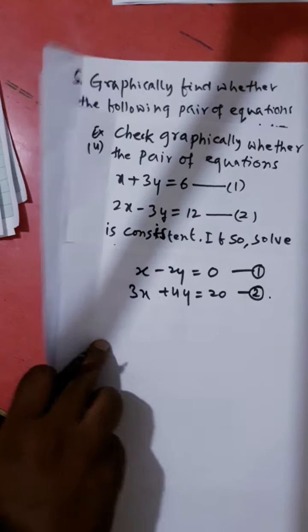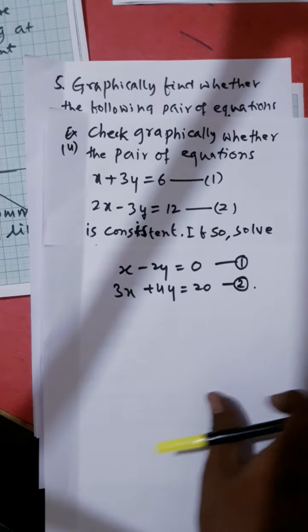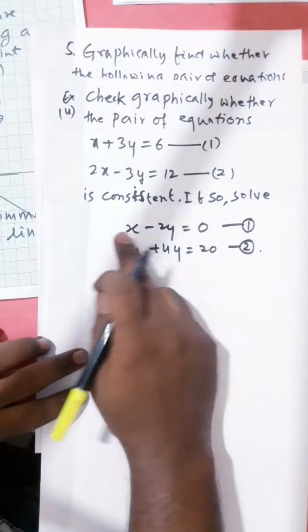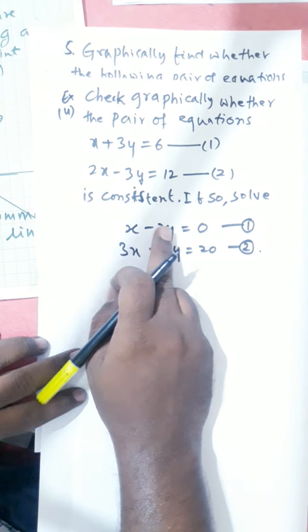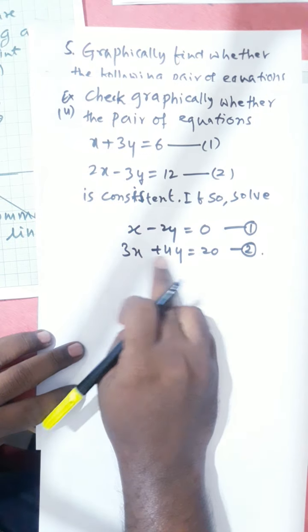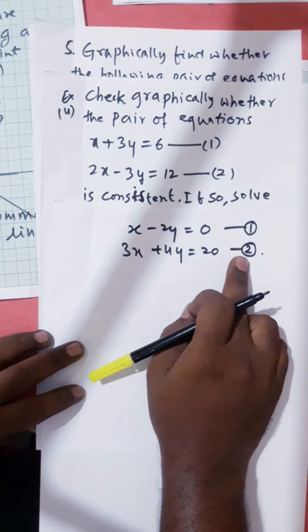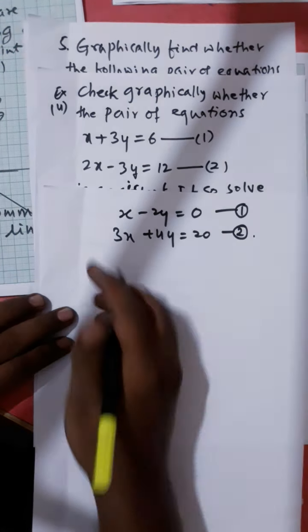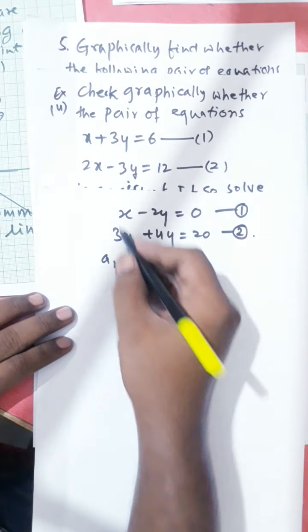If these lines are represented by a1x plus b1y plus c1 is equal to 0 and a2x plus b2y plus c2 is equal to 0, then what is a1 here?